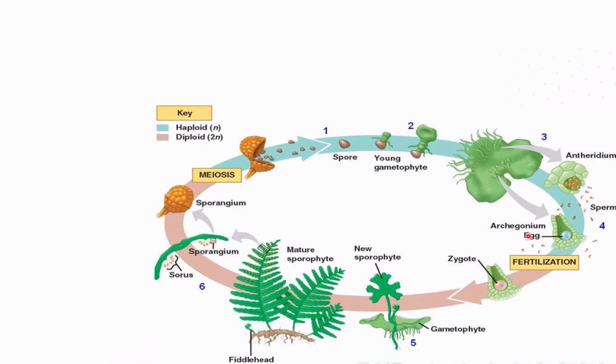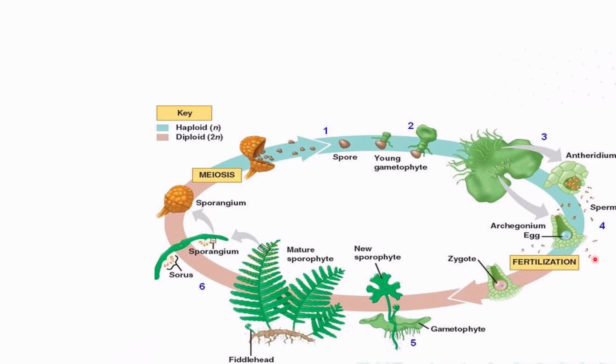Normally we know that pteridophytes need water, so they are released into the water and then go and attach to the female archegonium. Here you can see the transfer of sperms into the archegonium in the presence of water, because it happens only in the presence of water. And then at last the fertilization: when the sperm enters the egg, you can see the fertilization process and the formation of the zygote.